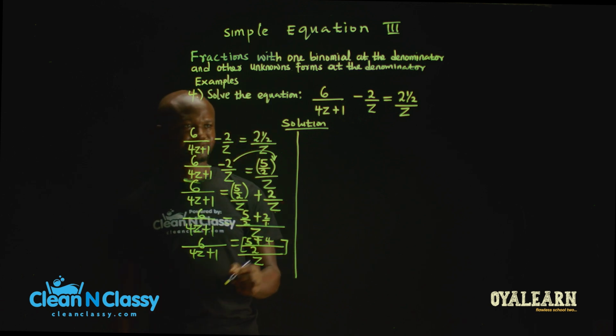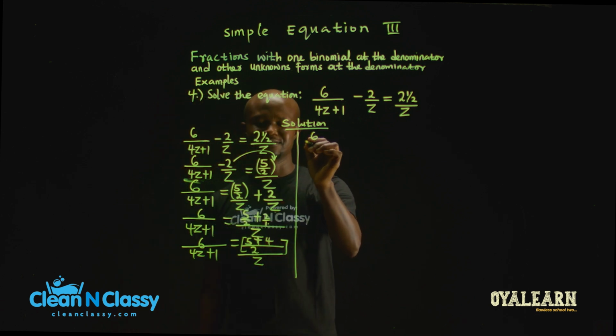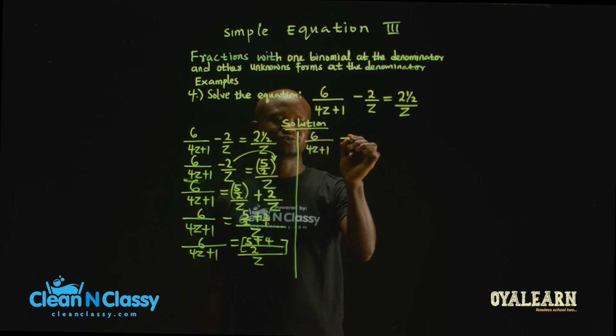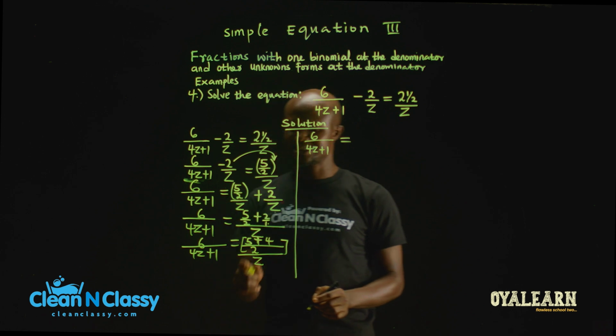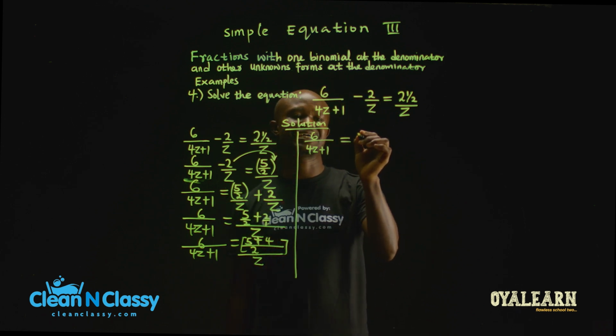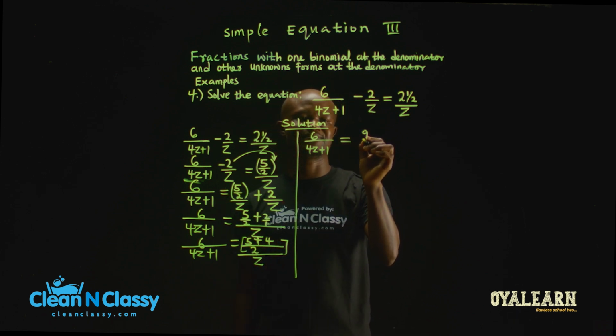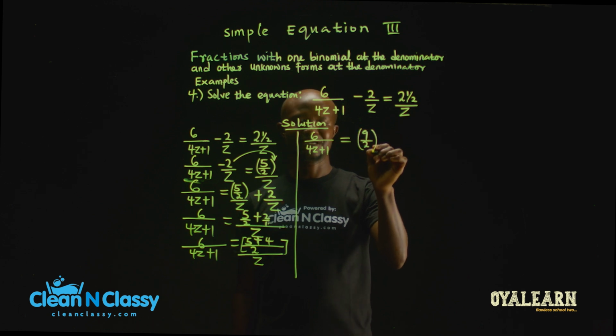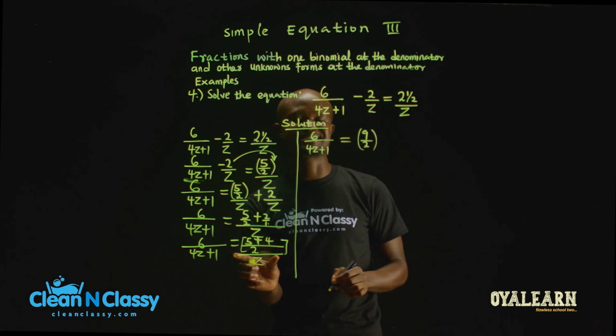Now we have 6 divided by 4z plus 1 equals, 5 plus 4, that is 9. So we have 9 divided by 2, and everything divided by z also.